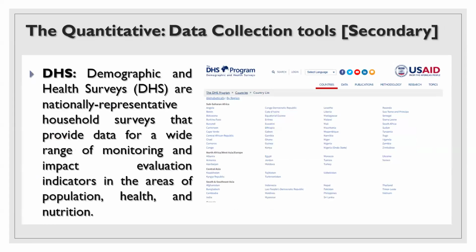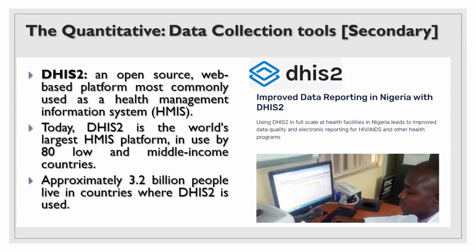Now, if you're using secondary data, like the demographic health survey data that I used, or DHIS2, which is another platform in the health management information system, then you may not need validity and reliability.